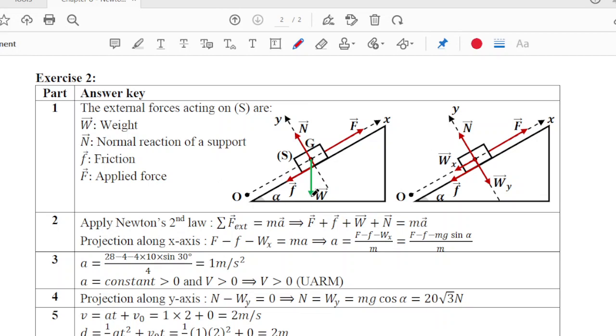From the end of W we draw a perpendicular to the x-axis and a perpendicular to the y-axis, and we get Wy and Wx. So instead of having 4 forces, now we have 5 forces, and all of these 5 forces are projected either along x or y.